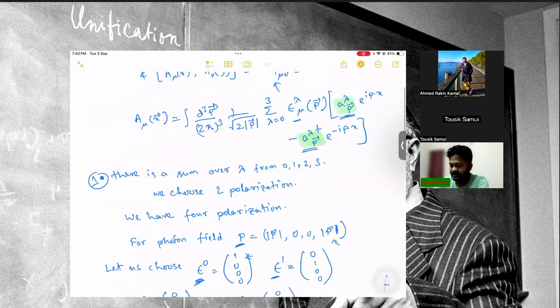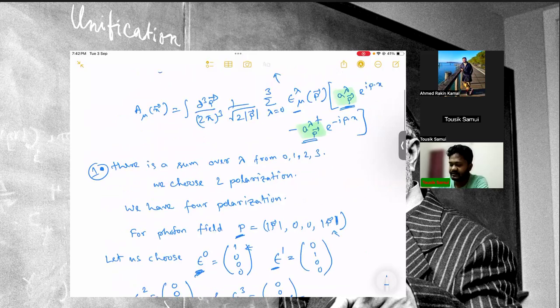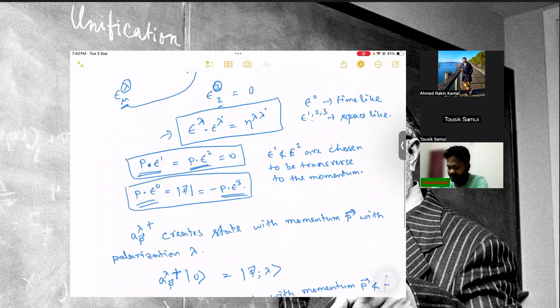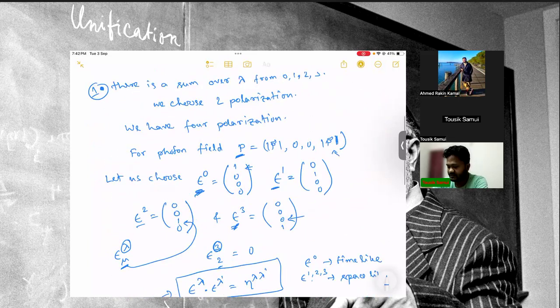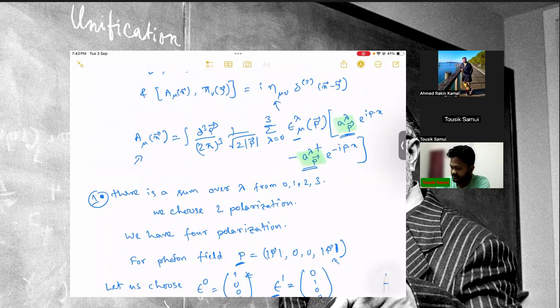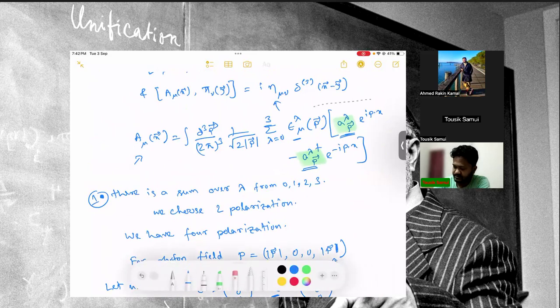So once we identify that, the difference from the scalar is that we have different polarizations, and hence in order to span the whole space, we need 4 polarizations, and around that we create and annihilate. The mode expansion is around that creation and annihilation operator. Okay, so now with this, let me copy this.